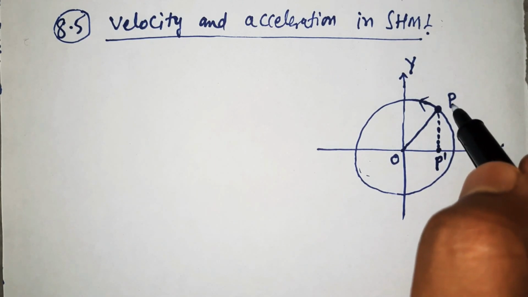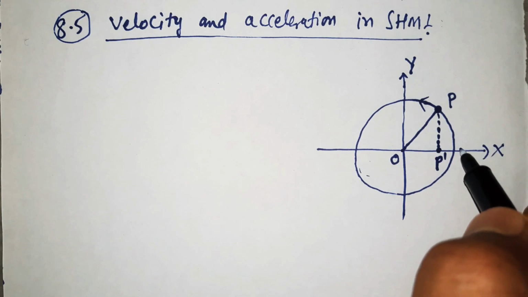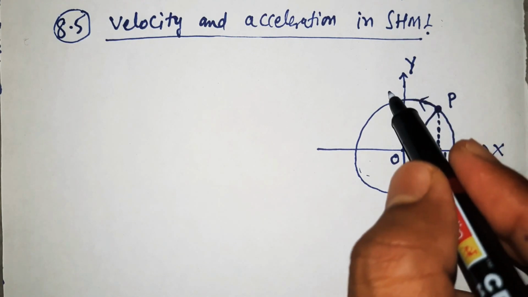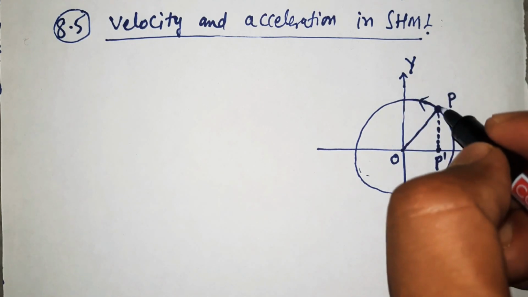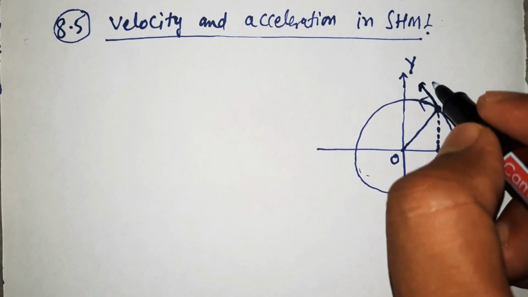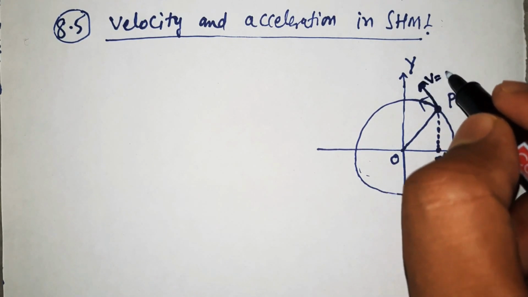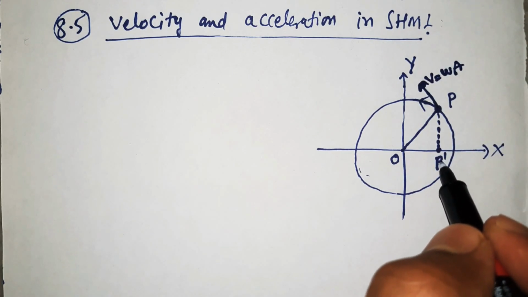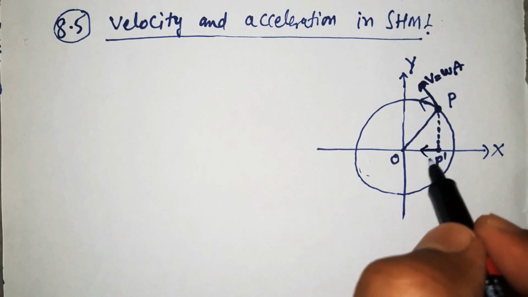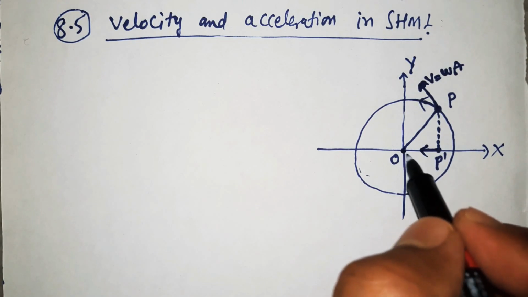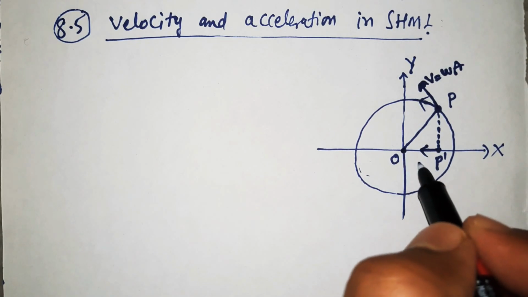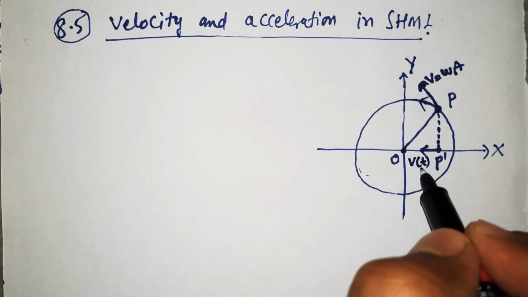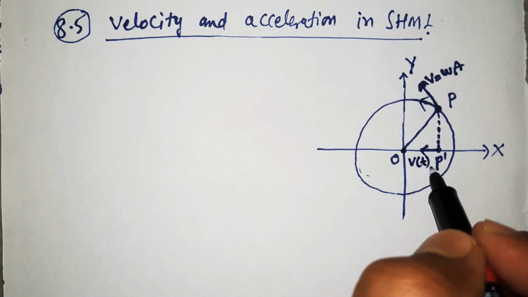If particle P moves in anti-clockwise direction with velocity v, it is in tangential direction, that is v is equal to omega into a. The velocity of P dash is towards the origin or the mean position, that is v of t. So we have to find the v of t value.